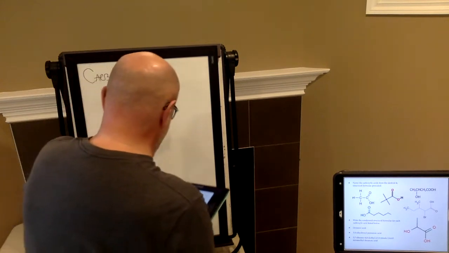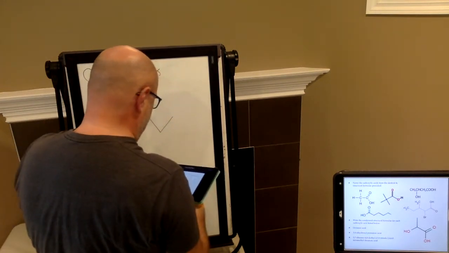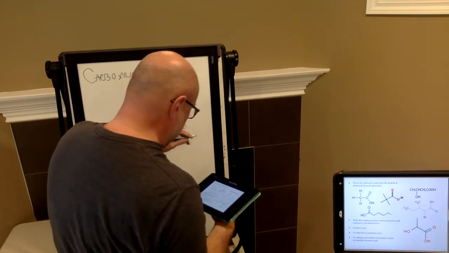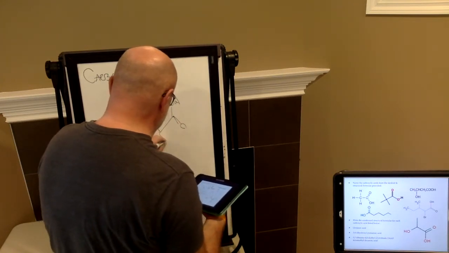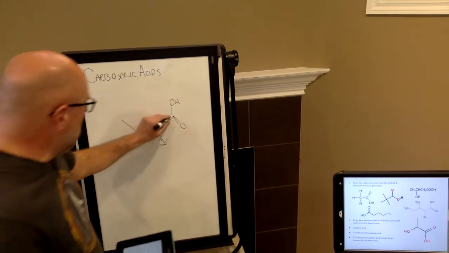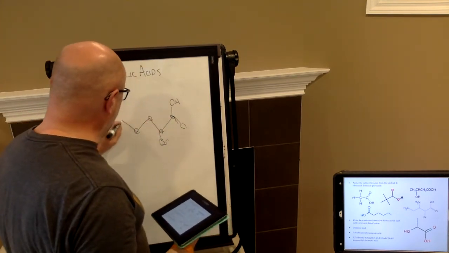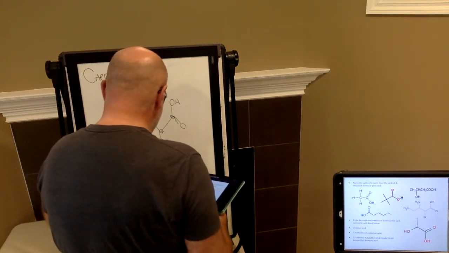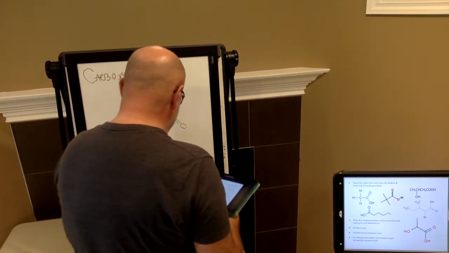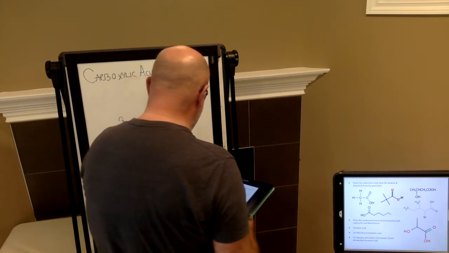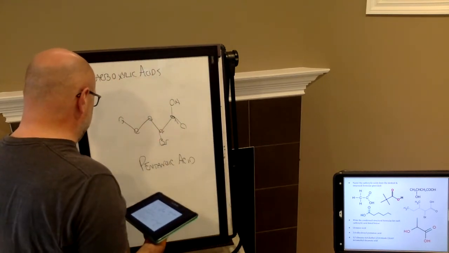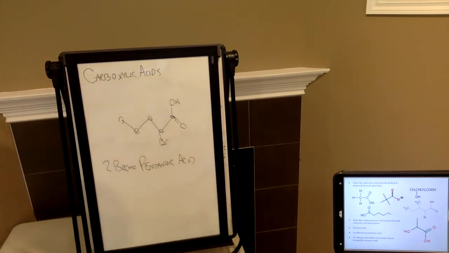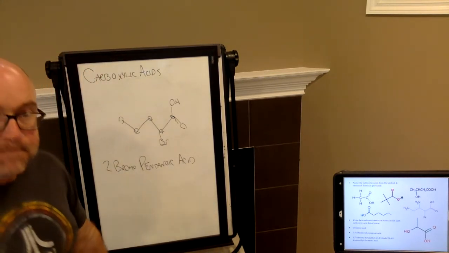I've got my carboxylic acid over here, and I got a bromine group over here. So I've got 1, 2, 3, 4, 5. That's going to be pentane, so that's going to be pentanoic acid. But I do have a bromo side chain, and that's at the 2 position. So it's going to be 2-bromo pentanoic acid. All right.